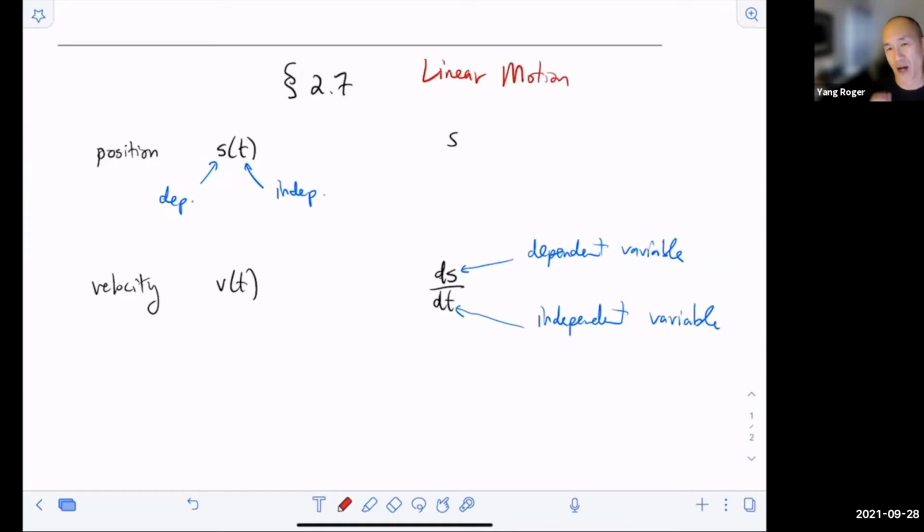So you'll see a lot of problems that say the object is moving along a coordinate axis. And for us, that means it's either moving left, right, or up, down. So when you think about linear motion, you're thinking about an object moving along a coordinate axis. So it could be left, right, or it could be up, down.